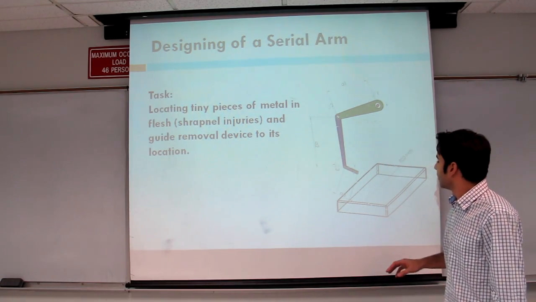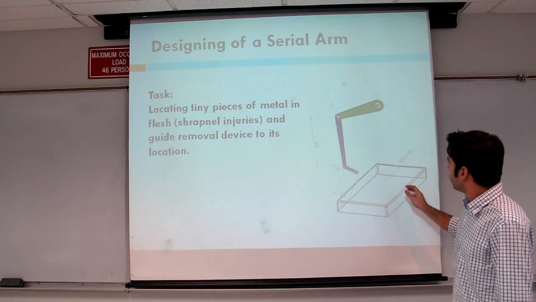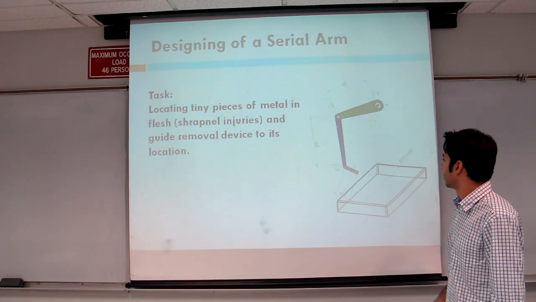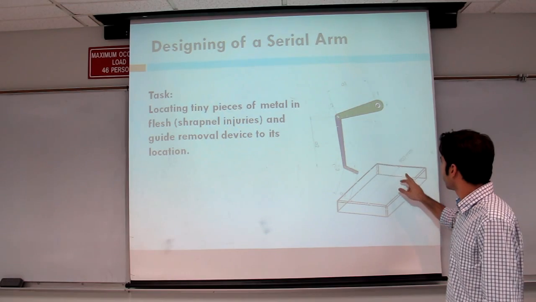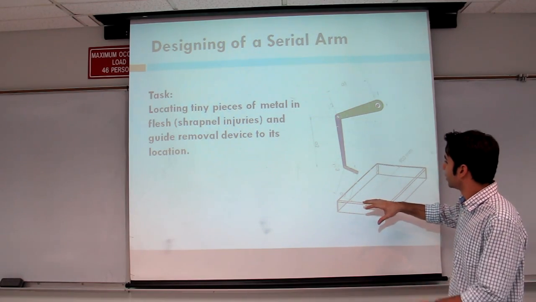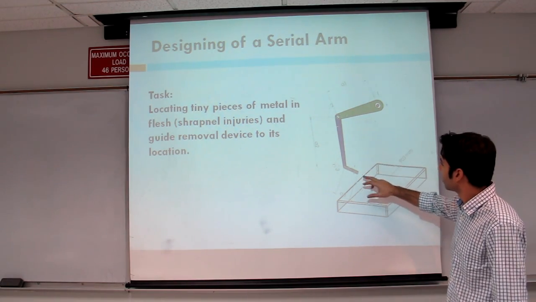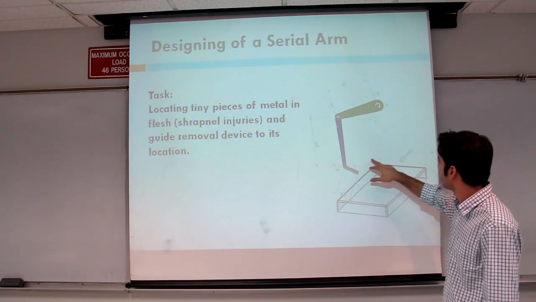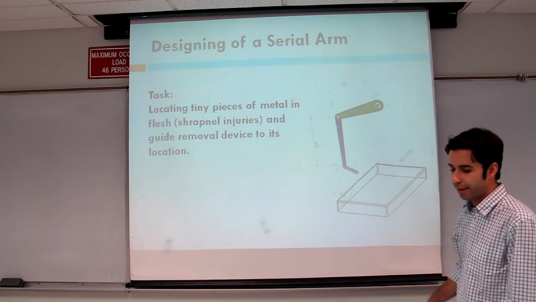Here we can see the required path of our end effector, which is along this semicircle. Consider a patient lying on this bed, so the end effector is going to move from the left hand side of the bed in a semicircle to the right hand side.